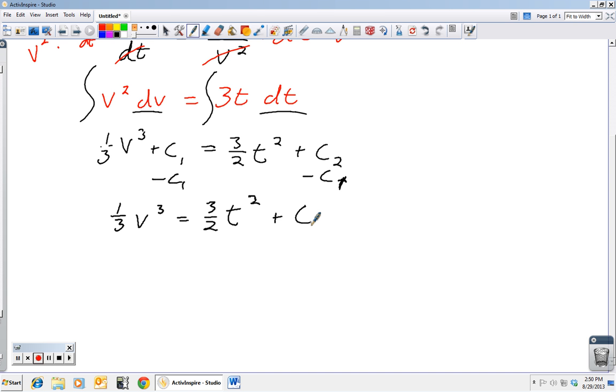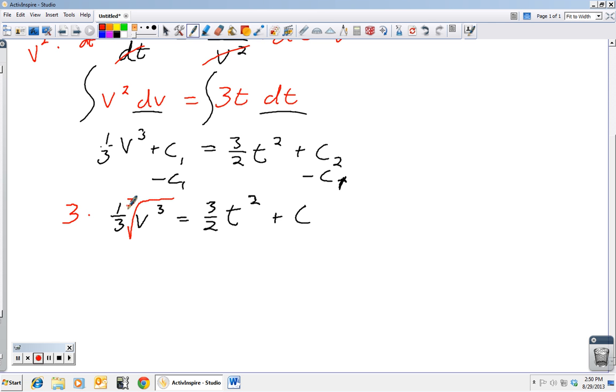Okay, well, we need to solve this for v because we're looking for a function of velocity with respect to time. So let's go ahead and move everything that is not v over to the right hand side. So we will multiply by 3, and we're also going to take the cube root of both sides.